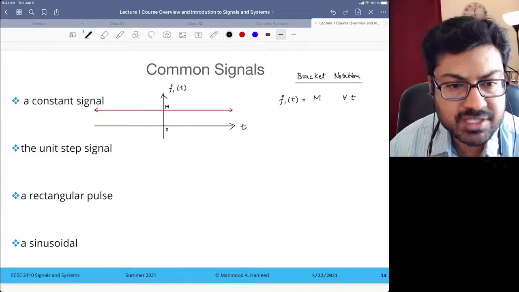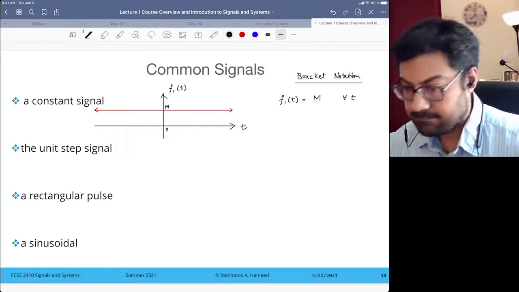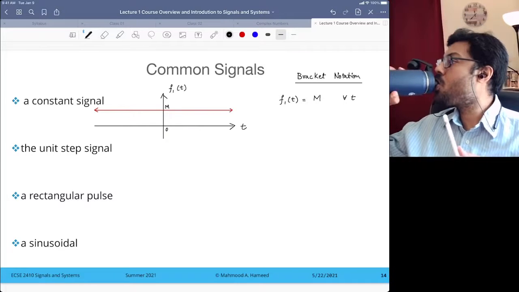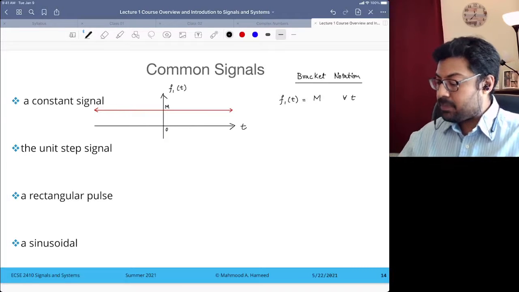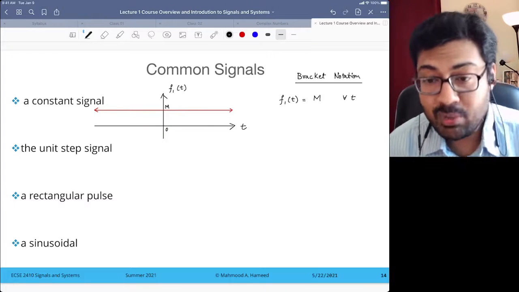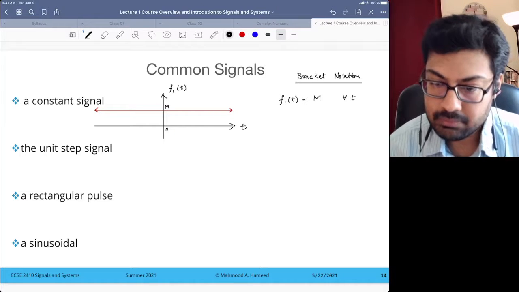What is the frequency of this signal? Zero. No frequency at all. Excellent. So the frequency of the DC signal is 0.